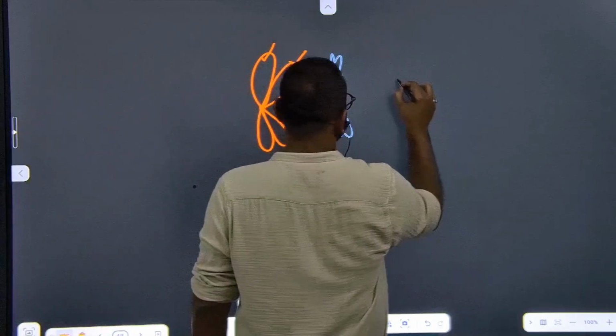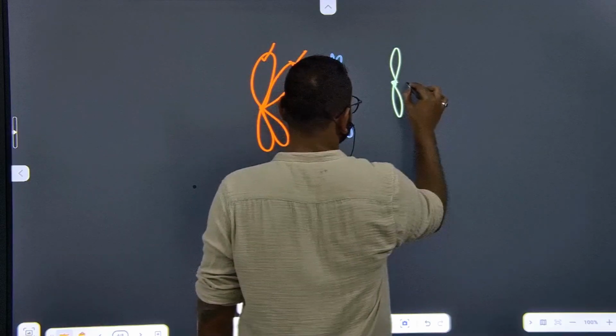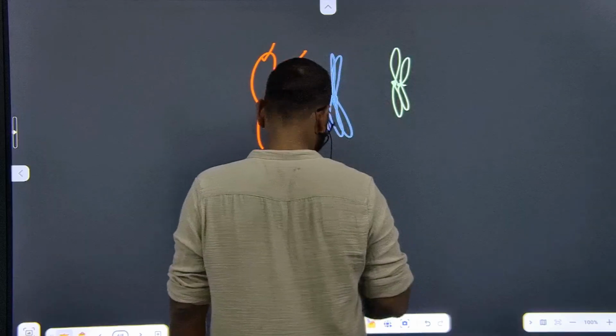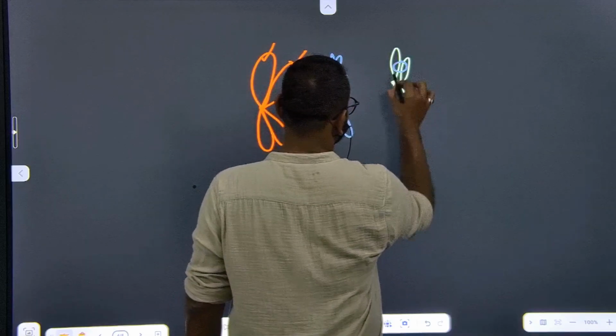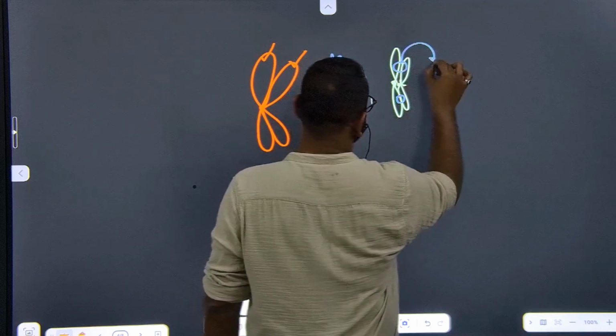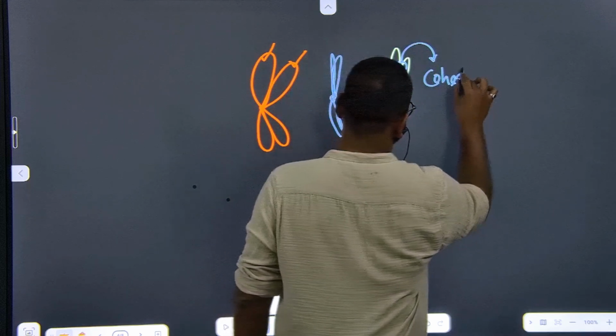That means, suppose this is one fragment, this is another fragment. They are attached with each other by means of a protein called cohesin.